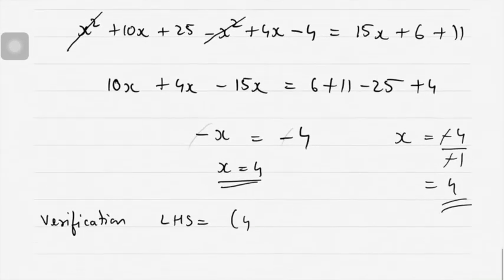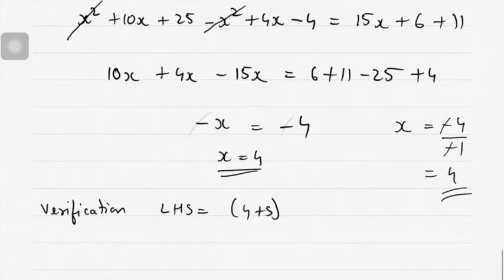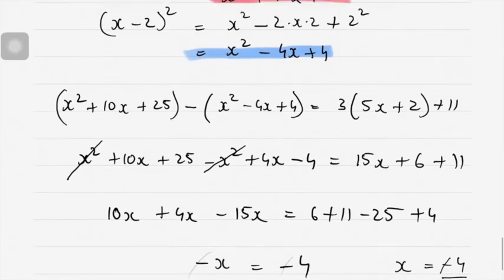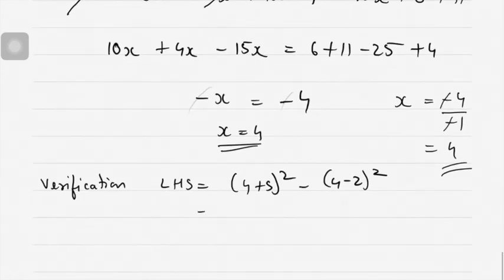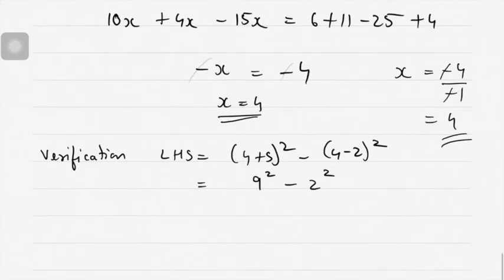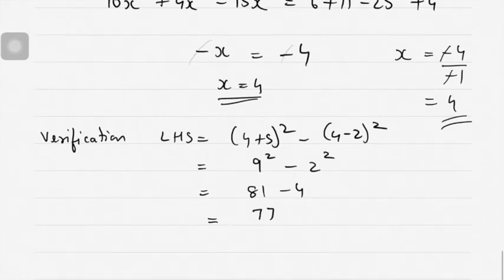So (4 + 5)² − (4 − 2)². Okay. So 4 plus 5 is 9, the whole square, minus 4 minus 2 is 2, the whole square. 9 into 9 is 81 minus 4, which is equal to 77.